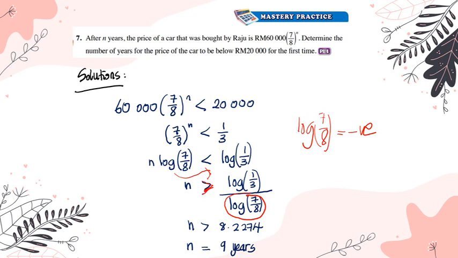So it will become n is greater than log 1 over 3 divided by log 7 over 8. So n is greater than 8.2274, and since the question asks for the number of years, this must be an integer. So the integer that is greater than 8.2 is 9. So the answer is 9 years.